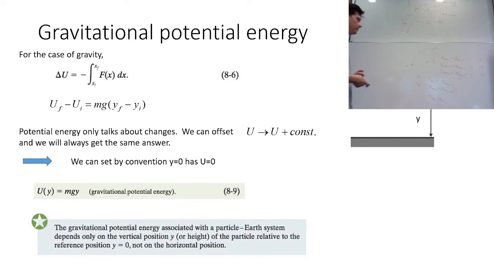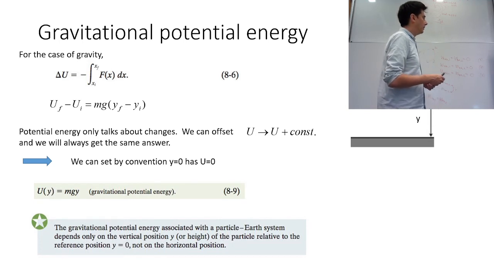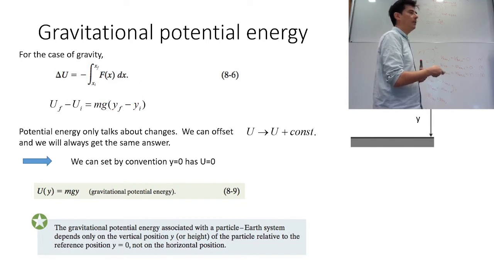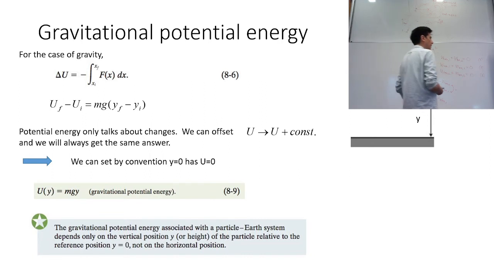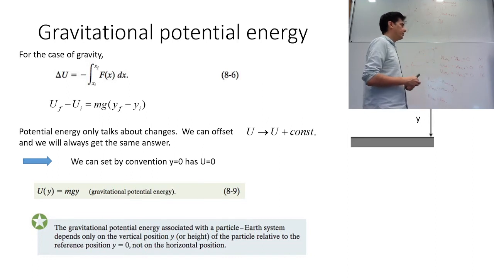And often what you do is you can add an offset to this whole potential energy, and because this thing only includes a difference, it doesn't really matter that you add this constant to it.